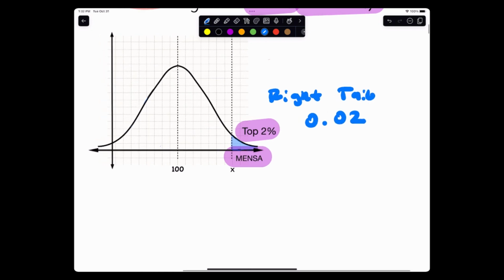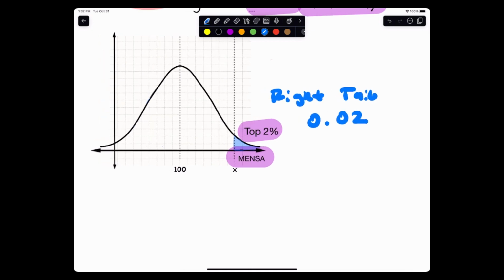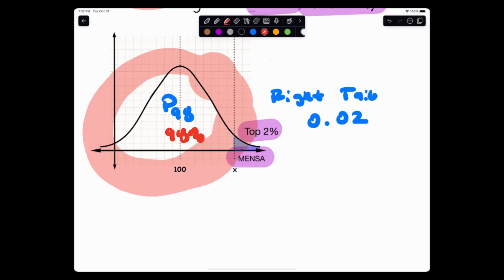Okay, now, that means the complement, the top 2% is really the same as the 98th percentile, where 98% of the data is behind you. Okay? So they're saying this is 98 what? Percent.